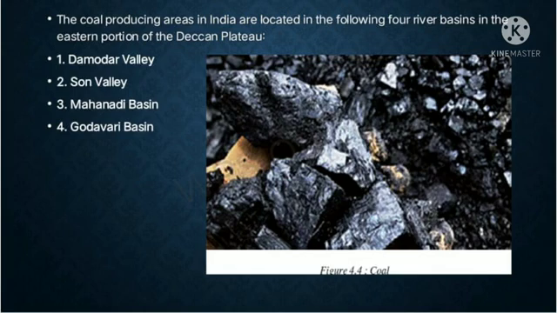The coal producing areas in India are located in the following four river basins in the eastern portion of the Deccan Plateau. First, Damodar Valley. Second, Son Valley. Third, Mahanadi Basin. Fourth, Godavari Basin. So these are the coal producing areas in India.